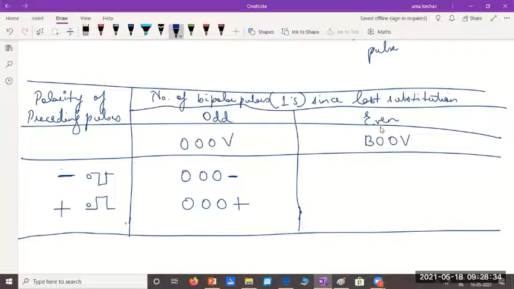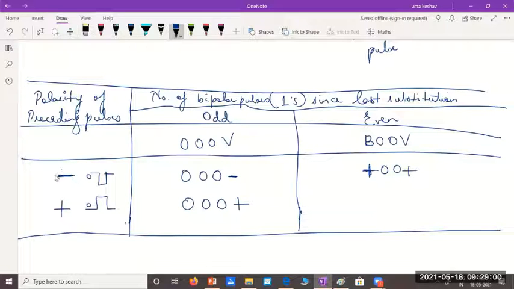Now coming to even number of ones since my last substitution. If the preceding pulse was negative, then I'll replace this format as, this format will take the value B is 1. I told you that 1 will be represented with positive and V is also represented with positive.